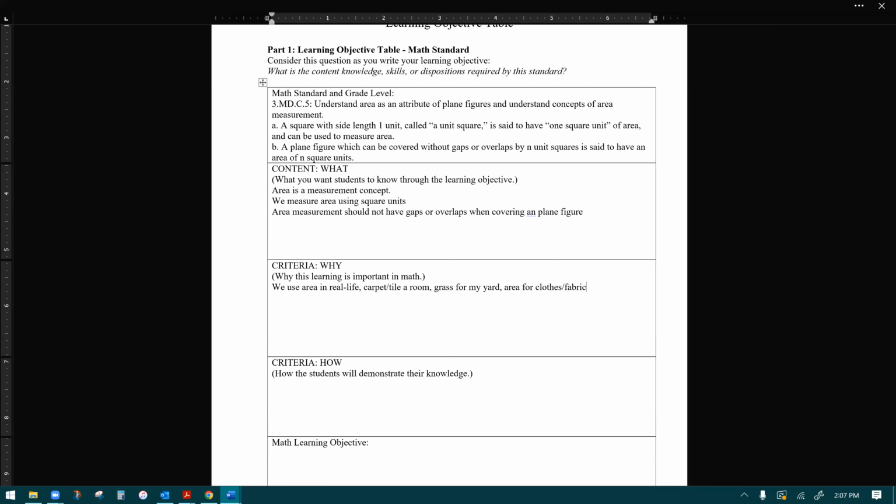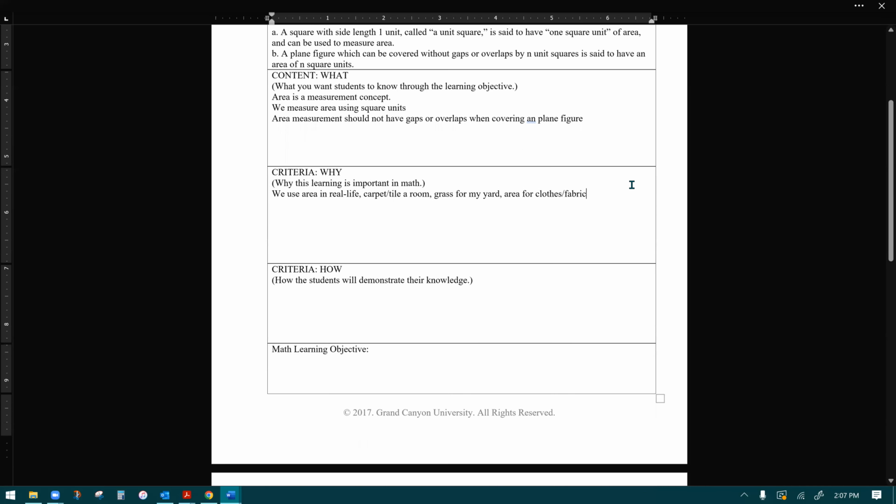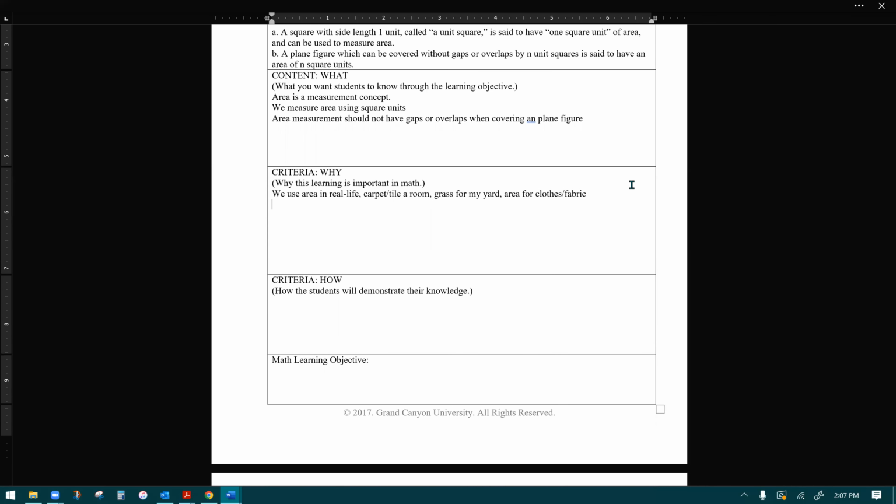So we use area in real life all of the time. And so that's why it's important in math. It is also a form of measurement, and I think that is important as well.